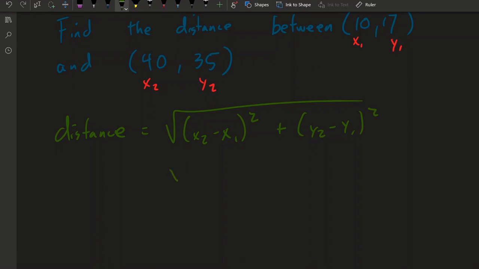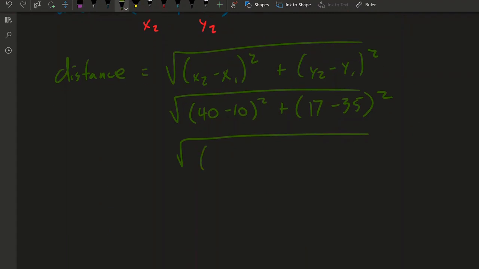Plugging in values for that, I'll have the square root of 40 minus 10 squared plus 17 minus 35 squared. So I know I've got the square root here. 40 minus 10 is 30 squared plus 17 minus 35 is negative 18 squared.